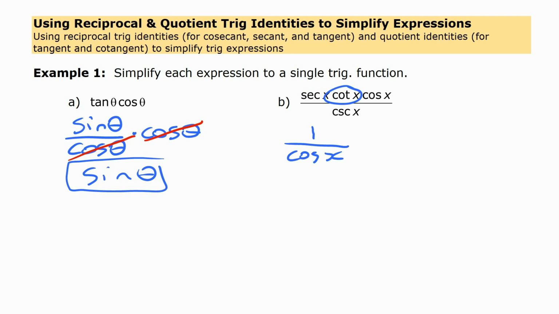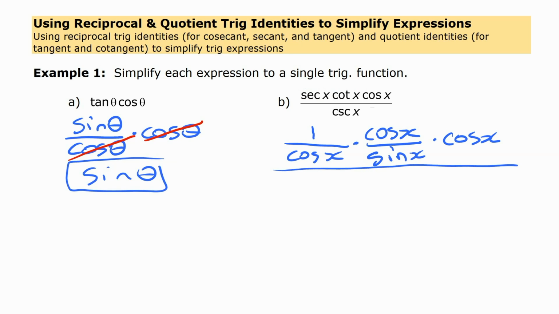Cotangent, we can change to cosine of x over sine of x. Cos of x, I am just going to leave it alone for now. And then on the bottom of this whole thing, let's make it clear where the big original fraction line is there. This is 1 over sine x. All right? So then we can start to look to simplify this a little bit.